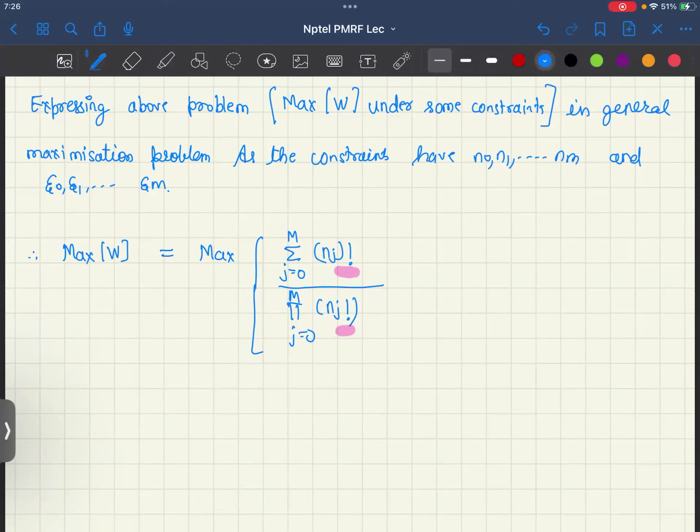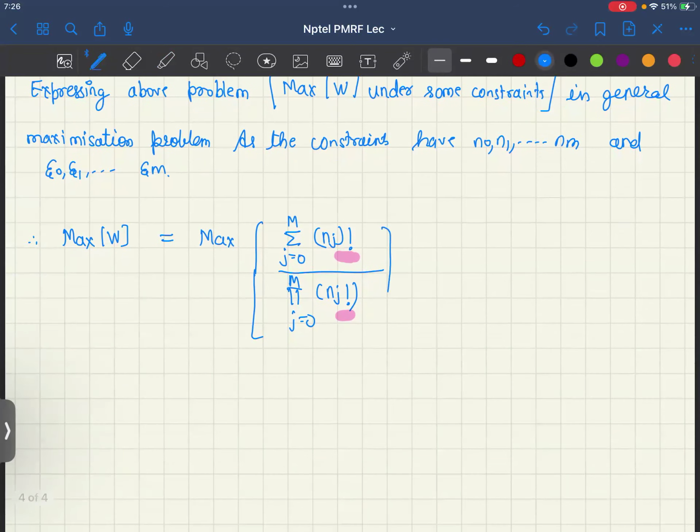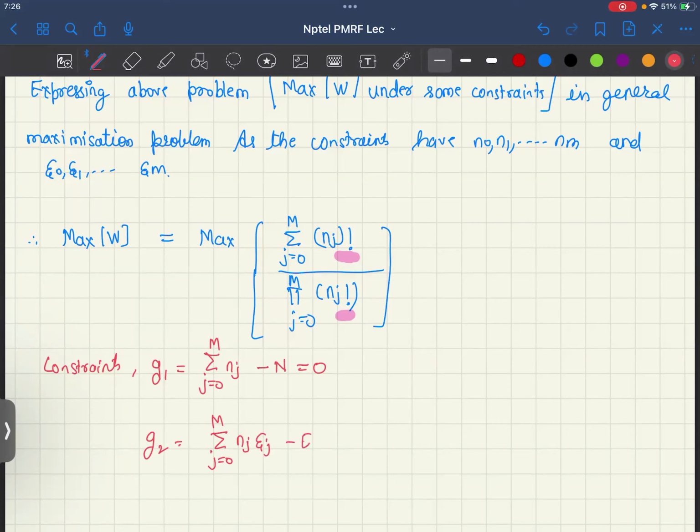With constraints. The constraints are: we are writing g1, which is equal to summation j equals 0 to m of nj minus n is equal to 0, and g2 is equal to summation j equals 0 to m of nj epsilon j minus Et is equal to 0.